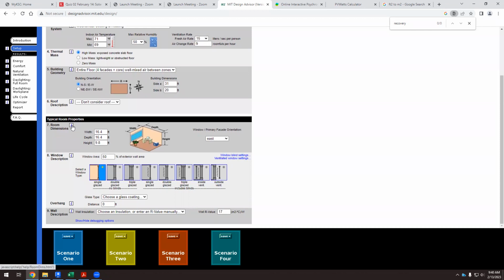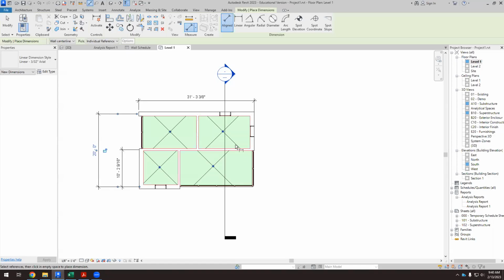Room dimensions, typical room properties. Here we have typical room dimension. What does it mean? Well, here we have 3 rooms or 4 rooms. What's the typical dimension? This is slightly smaller, this is slightly bigger. So I would say that the typical dimension is this one. So I'm going to type this dimension.